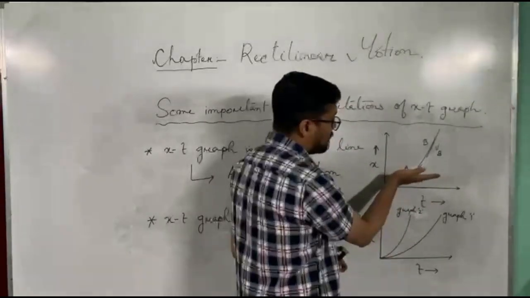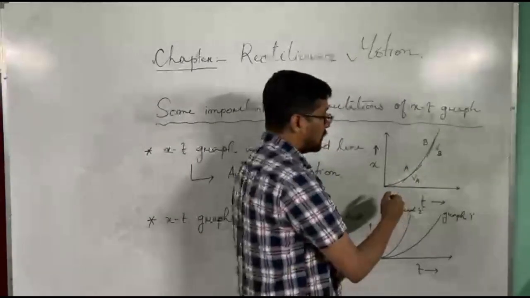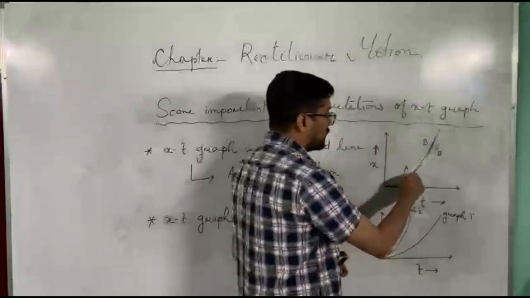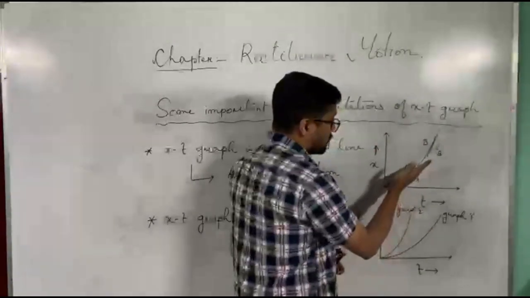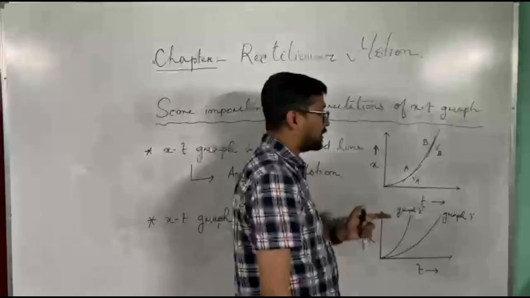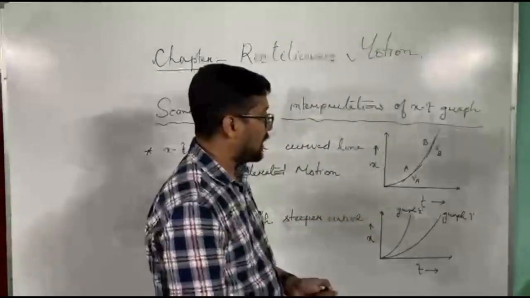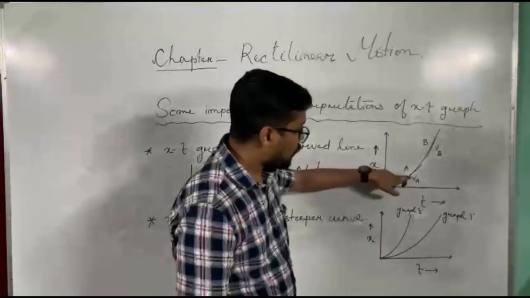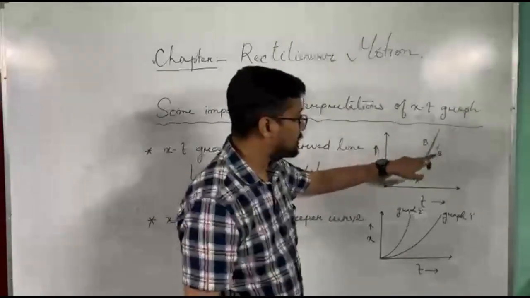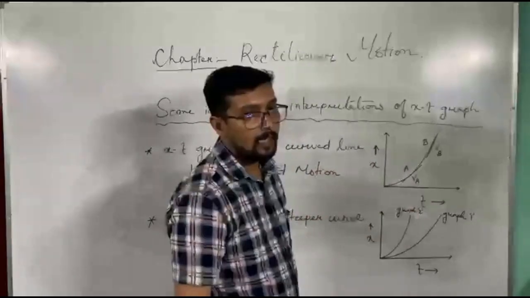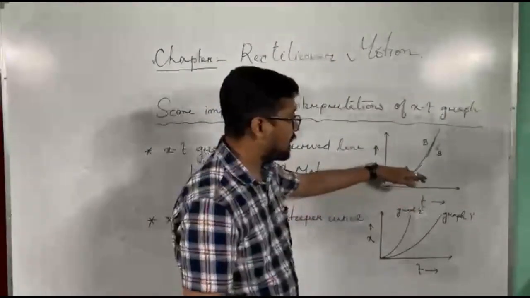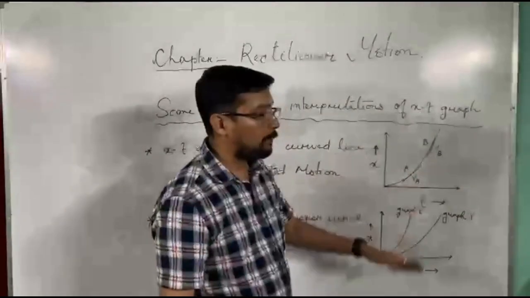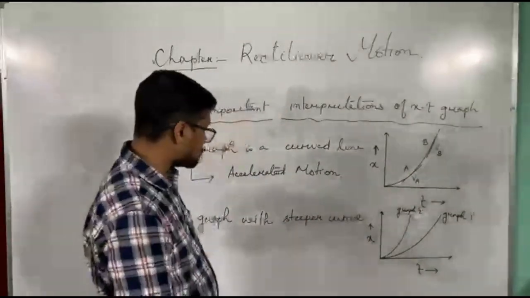Since the two tangents have different slopes, that means at point A and at point B, the velocities are not the same, because the slope of the tangent in the xt graph represents velocity. Since from visual inspection I can see that the slope here is different from this, the velocity here and the velocity here are not the same. Since they are not the same, the velocity is changing. That means this graph represents accelerated motion.